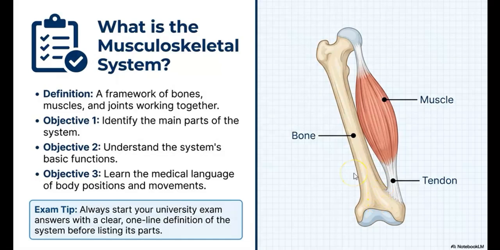This is how movement happens. Okay, so remember, bones give support, muscles produce movement, and joints allow movement between bones. This is the basic idea of the musculoskeletal system.